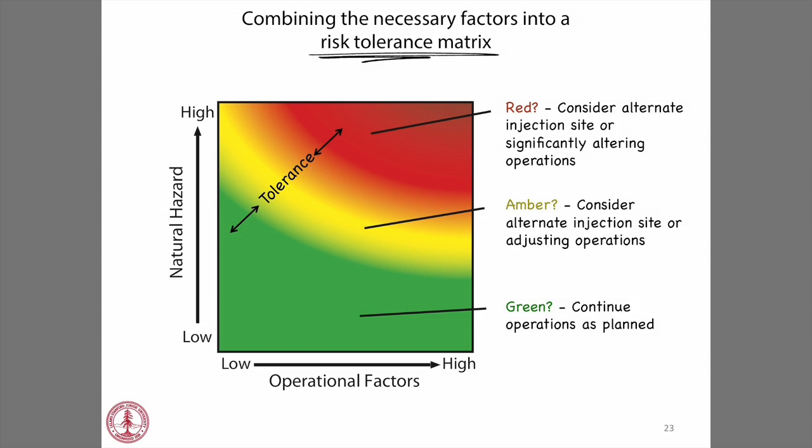Something that's unique about this risk tolerance matrix, that makes our work and our recommendation to all of you unique, is that this matrix that we have constructed needs to be adjusted based on the tolerance for risk in the area. So the way I have it shown here, you can see there's a considerable amount of green in this risk tolerance matrix, and then it goes into amber, and there's a really pretty small area for red.